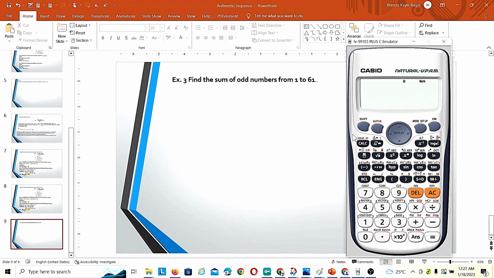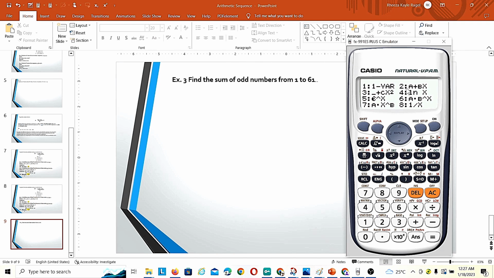We have our last example. Find the sum of odd numbers from 1 to 61. Logically, we have a common difference here of 2 because it will be odd numbers. So let us try to use the calculator. Mode, and then stat, and then we are in arithmetic progression because we have a common difference of 2.